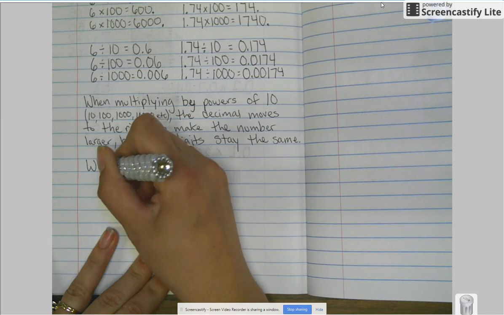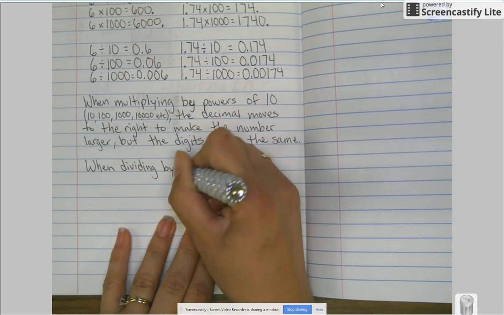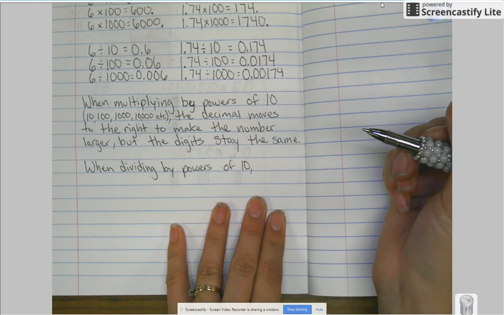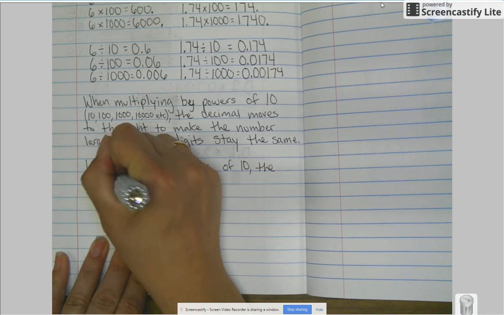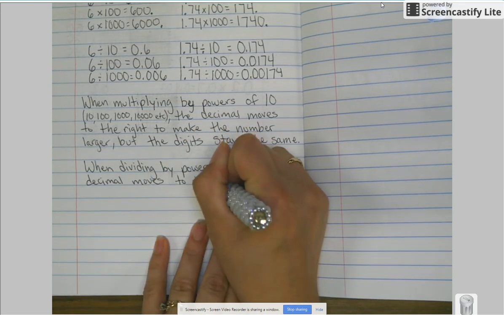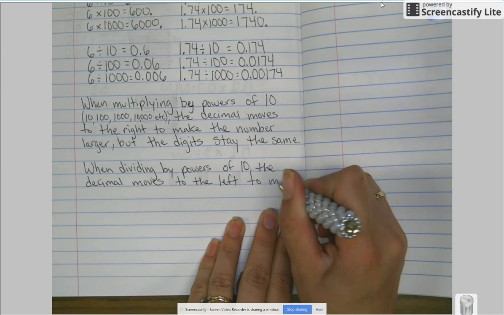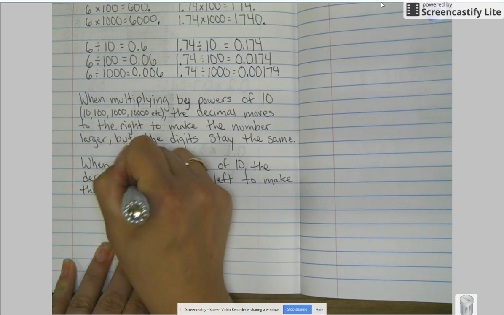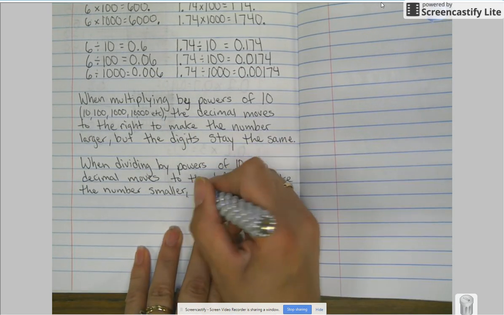When dividing by powers of 10, the decimal moves to the left to make the number smaller. But the digits stay the same.